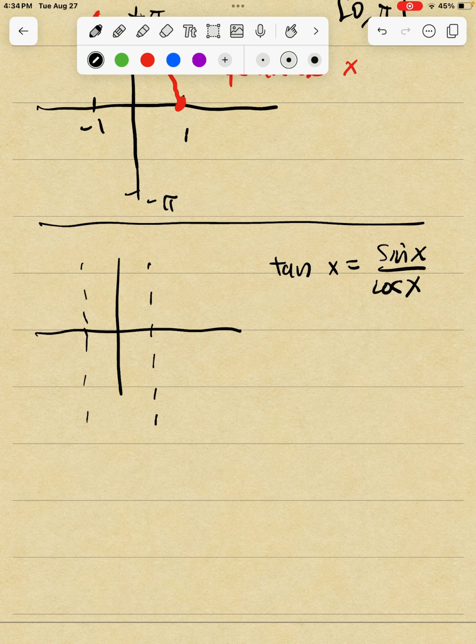You just take pi over 2 and add multiples of pi, so pi over 2, negative pi over 2. And the graph of tangent x looks like this. And whenever you add pi, you just repeat.